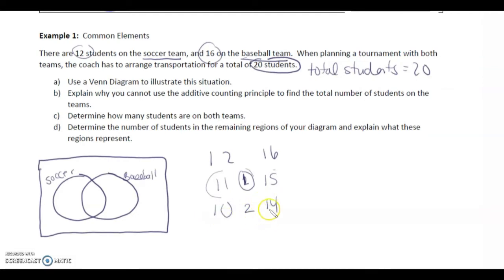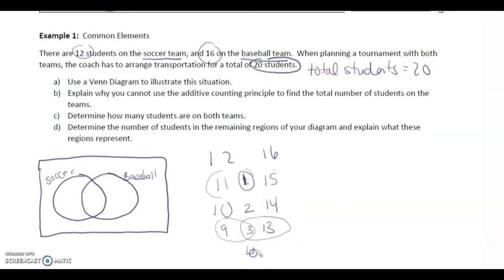And again, this is still over 20, so you'd have to keep going. With 3, this would be 9 plus 3 on soccer, and 3 plus 13 on baseball. Soccer always has to add up to 12, and baseball always needs to add up to 16.